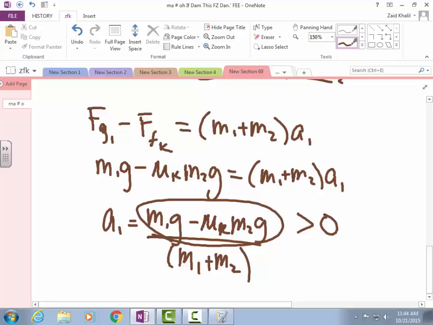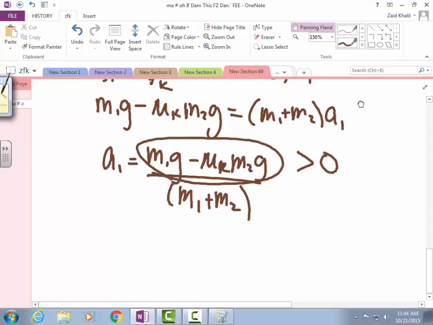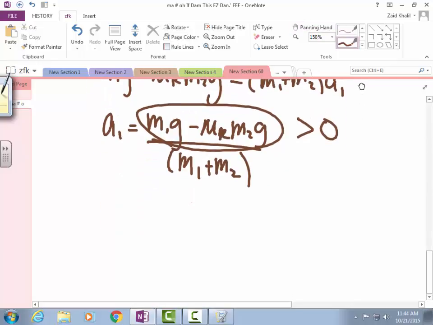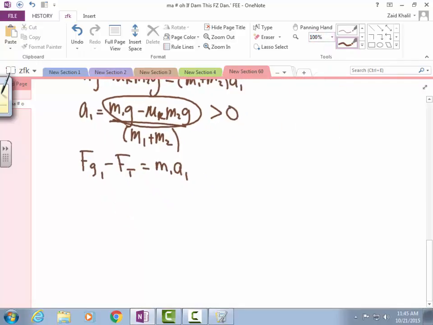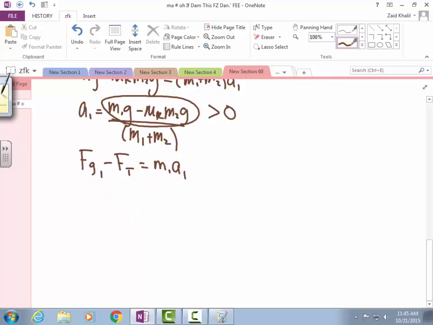So now let's solve for the tension. To solve for the tension, what do I need to do? I need to go back to the original equations that I used. Probably the easiest one would be to deal with M1. For M1, what did we have? We had Fg1 minus FT equals M1A1. Is that correct? Solve for FT. What do you do to solve for FT? Rearrange this.